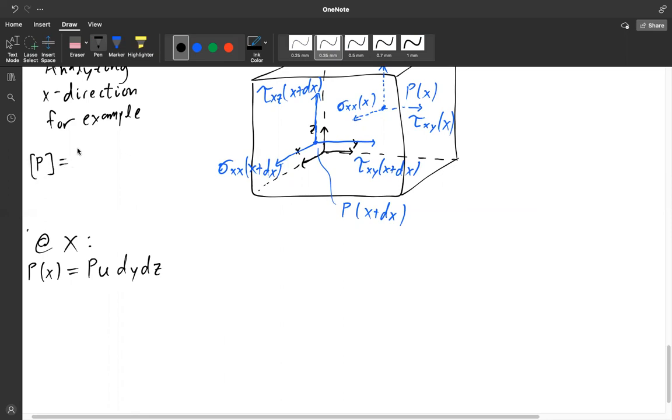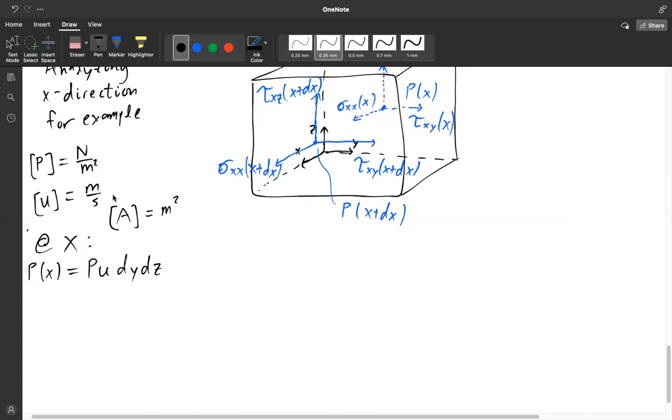newtons per meter squared. Velocity in the u direction has units of meters per second, and area has units of meters squared.